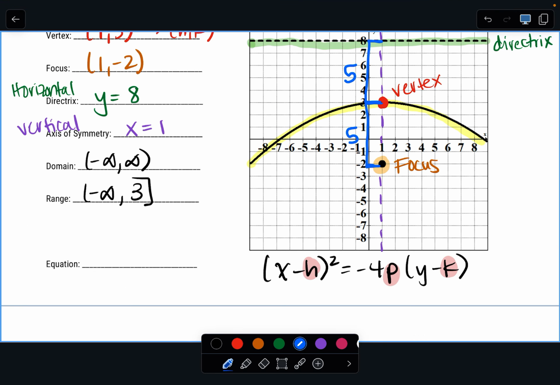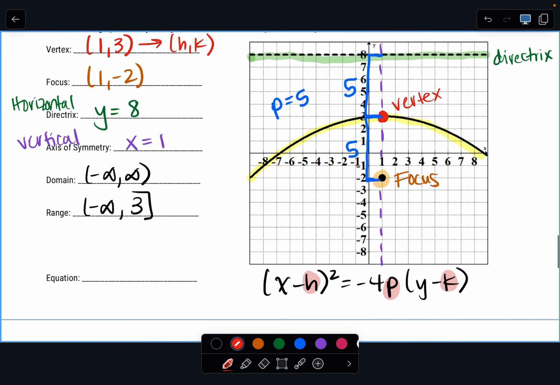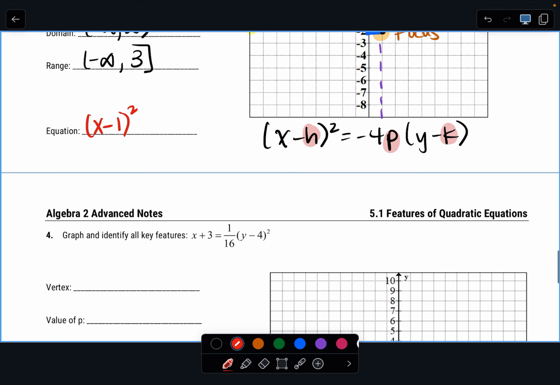So I'm going to go in knowing that p is equal to 5, and I'm going to simplify my equation. So I have (x minus 1) squared, and I'm just plugging into the formula that we have from the table, is equal to, what's negative 4 times 5?